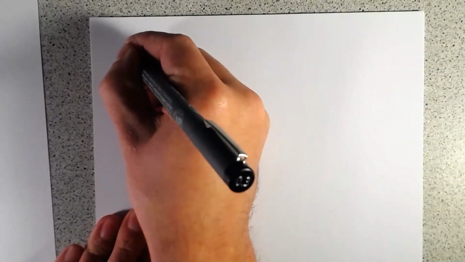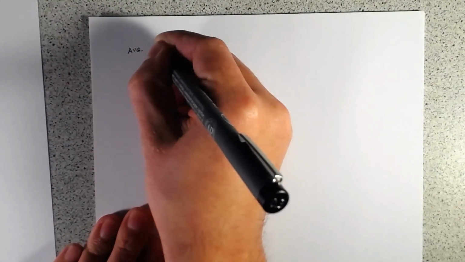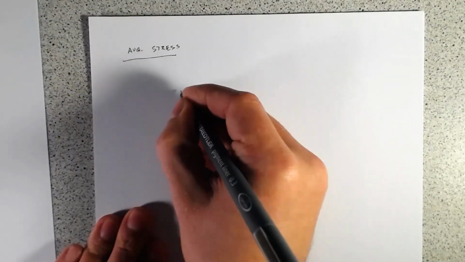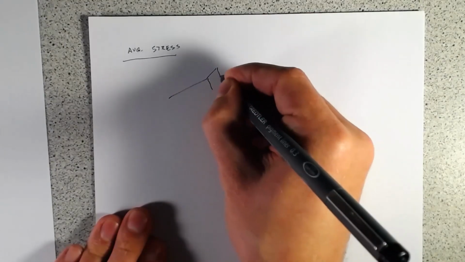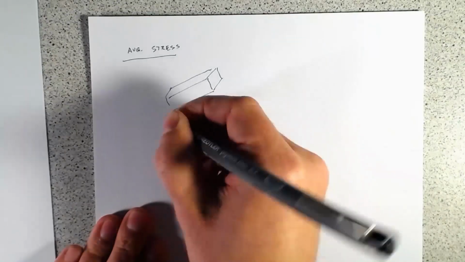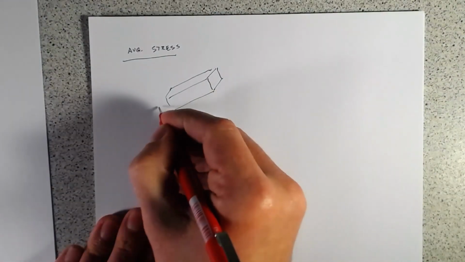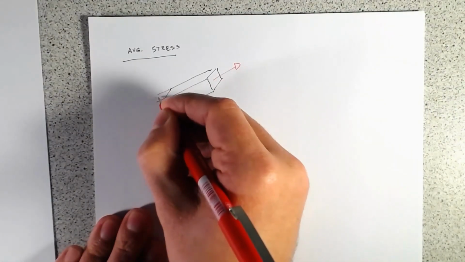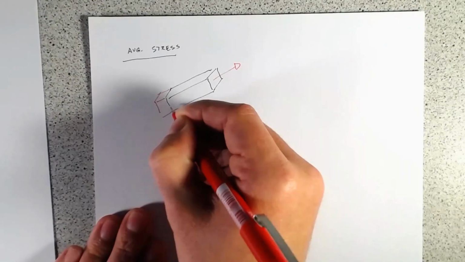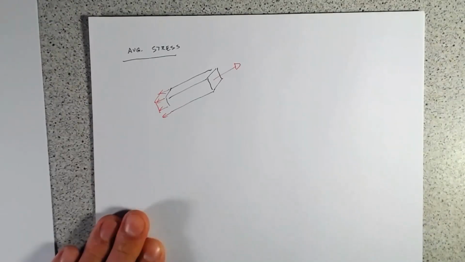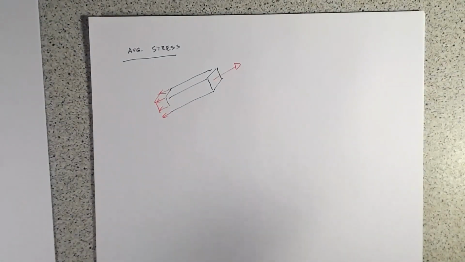So just as a quick reminder, previously for an average stress, we might have an axial stress here where we have a force which was pulling this way, and we just assumed that our stress block had an equal level of stress all around to counteract that.